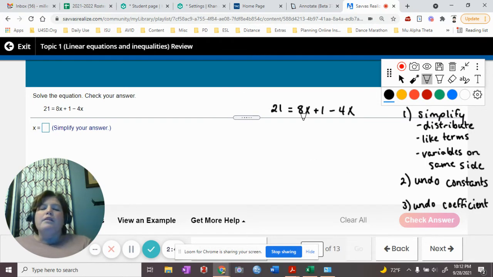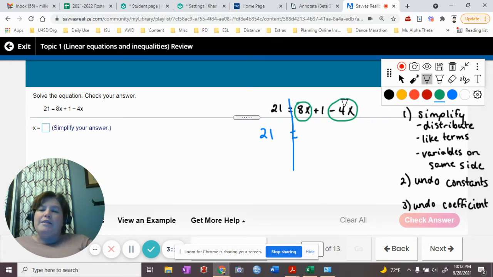So with my equation, remember we have two sides, the left side and the right side. So let's see if we can simplify. On the left, I only have a 21, so I'm going to leave that alone. On the right, I have an 8x and minus 4x. These are like terms, so I am going to combine those.